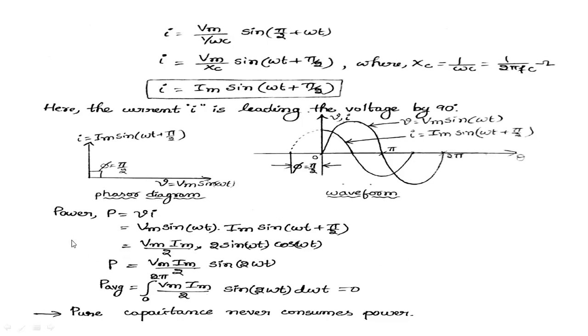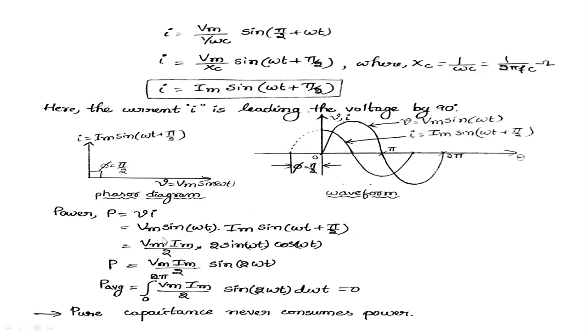Next the power: power equals the instantaneous voltage multiplied by the instantaneous current. The voltage is V equals Vm sin omega t, and I equals Im sin of omega t plus pi by 2.